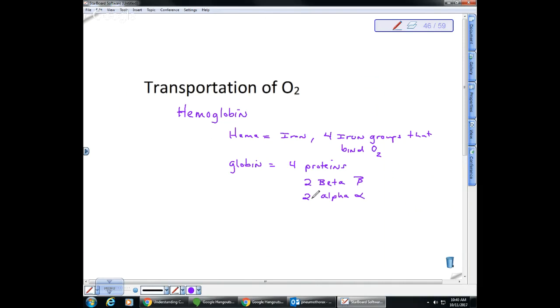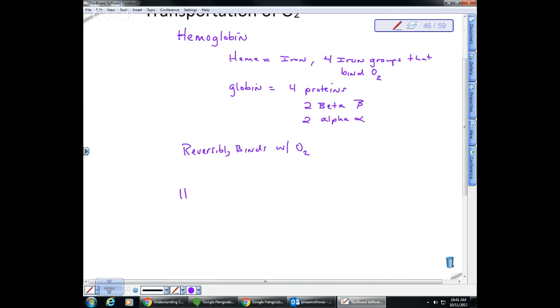Okay. So when we look at, and we talked about this when we were talking about blood, right? So when we look at how hemoglobin has to work, it has to reversibly bind with oxygen. And so we can see they write this as hemoglobin plus O2.